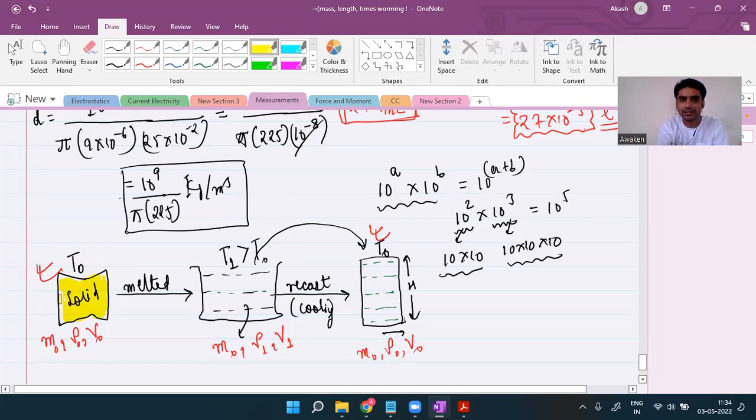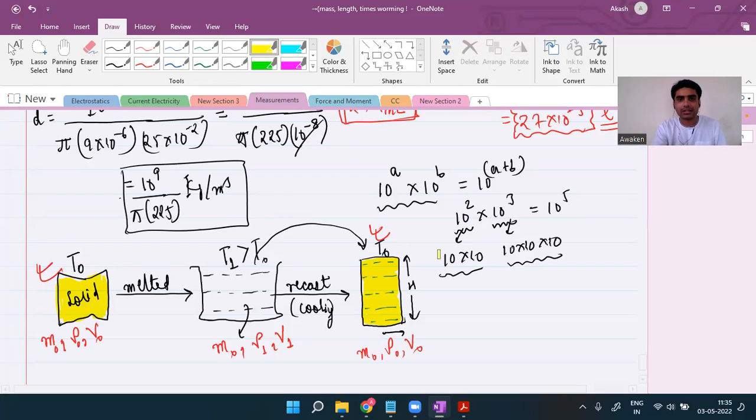Why? Because they're at the same temperature. If you change the temperature, then the density will change. Because upon heating a solid, I had told you, the molecules have a tendency to go away from each other. They expand. So on heating, generally, the density reduces because mass remains the same, but volume increases. The density will decrease.